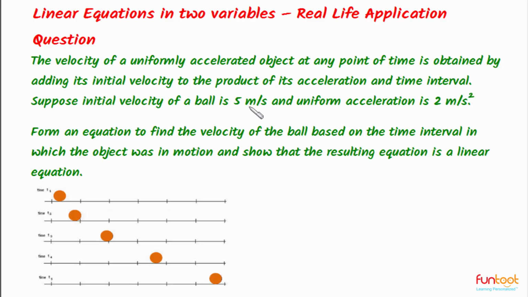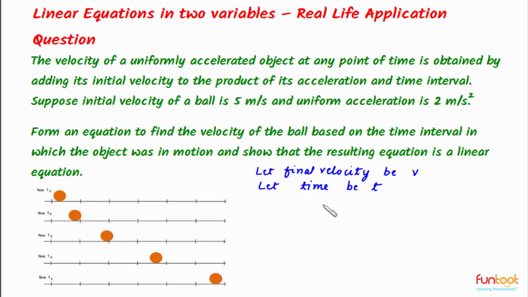So initial velocity is constant, it is given to be 5 meters per second, and acceleration is also constant, it is given to be 2 meters per second square. So variable quantities here are final velocity and time. So let final velocity be v and let time be t.